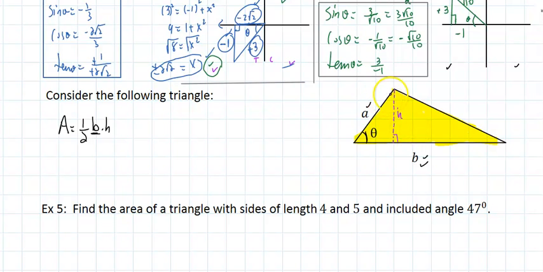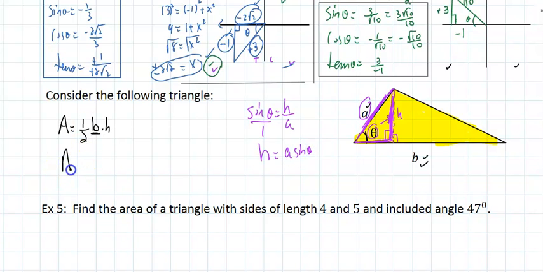If I look at this triangle, I'm given the angle, I'm given the hypotenuse, and I want the opposite. Wouldn't the sine of that angle that's given be the opposite over the side that's given? If I cross multiply, wouldn't that mean that the height of the triangle is a times the sine of theta?